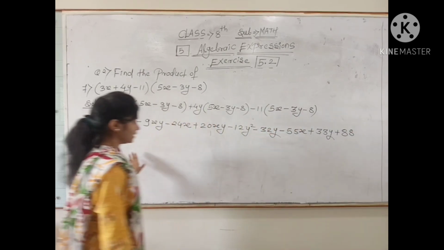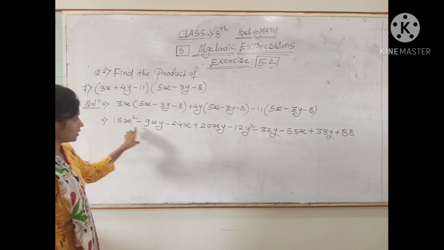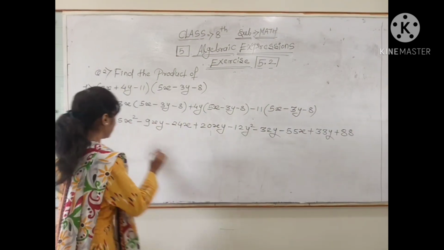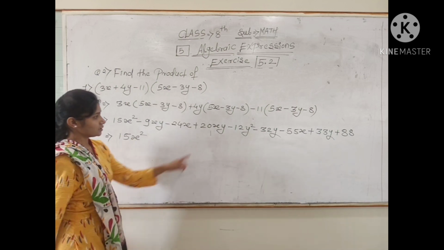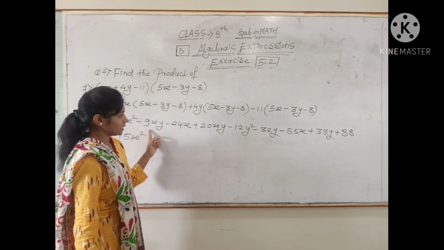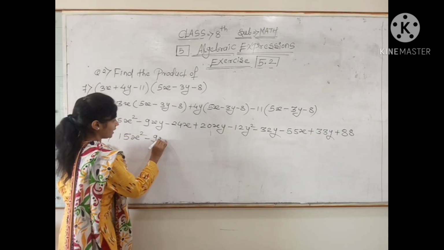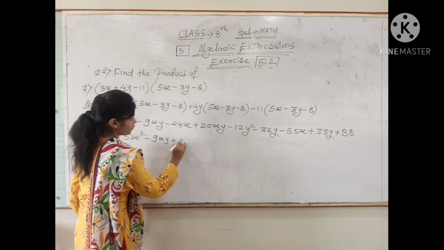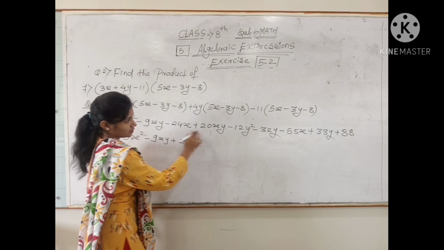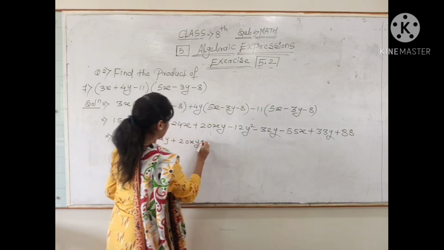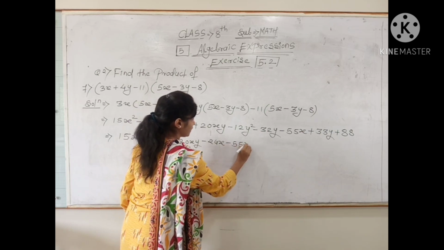Okay. Then after that you have to collect the like terms. 15x square. No one like term, so we have to write it as it is, 15x square. Then minus 9xy has a like term, 20xy, so we have to combine it first. Minus 9xy plus 20xy. Okay. Then minus 24x has a like term, minus 55x.